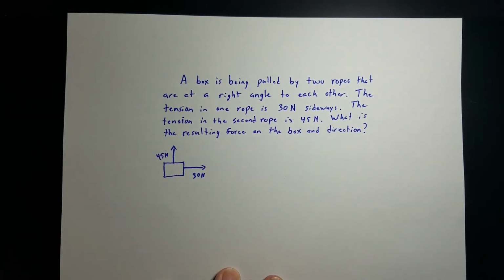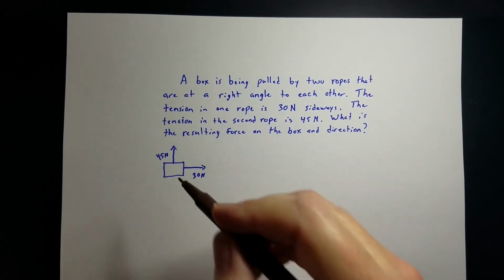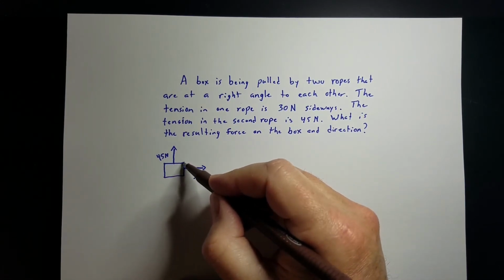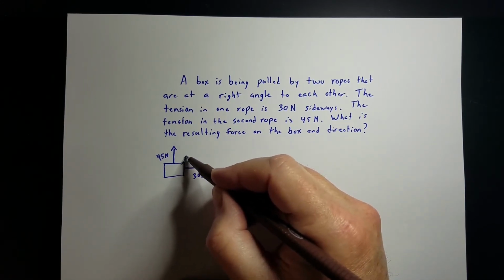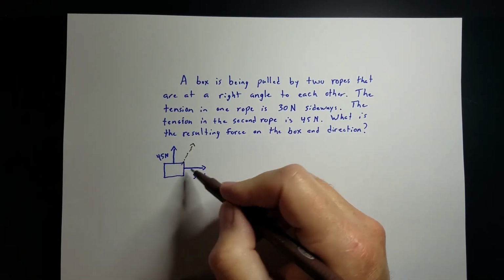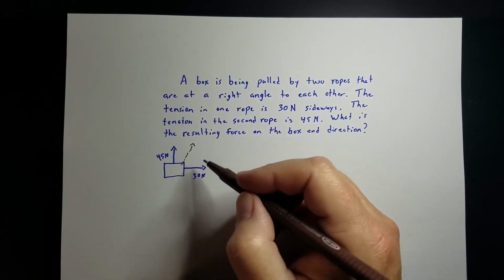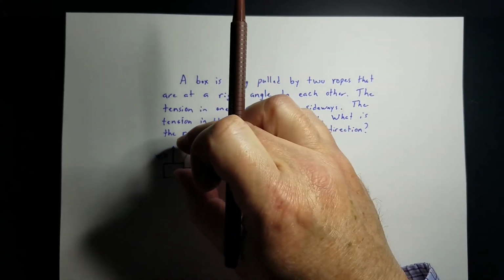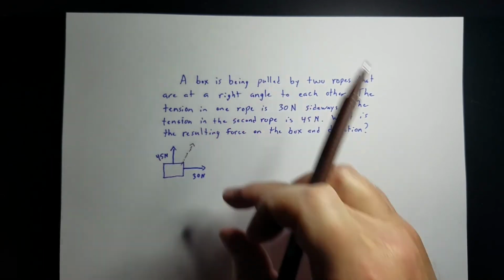And I want to know the resultant force. Well, if we've got that box, this one's pulling up, this one's pulling sideways, this one's stronger. So the force on the box is going to be more up than out. But this is not really a good picture because we don't know angles and stuff like that. But as you've seen in a previous video of mine, we can slide these vectors around.